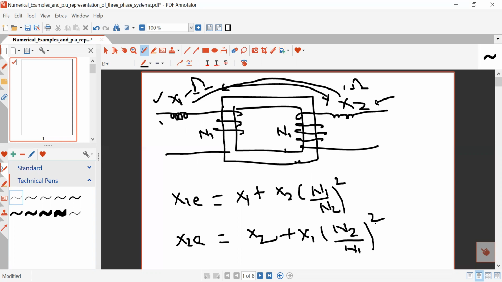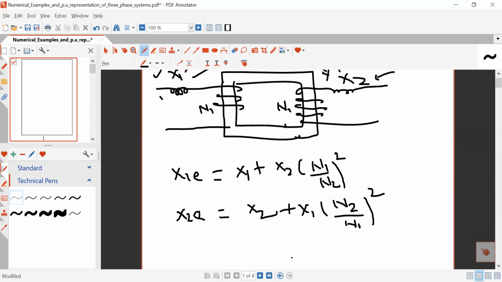When X1 and X2 are in their conventional unit, this is the formula through which you can calculate total reactance of the transformer either referred to the primary side or referred to the secondary side.